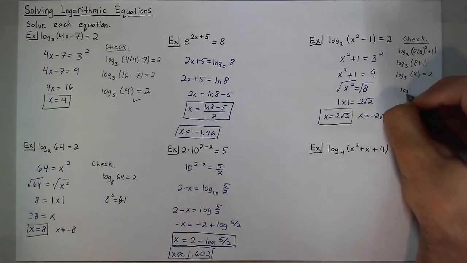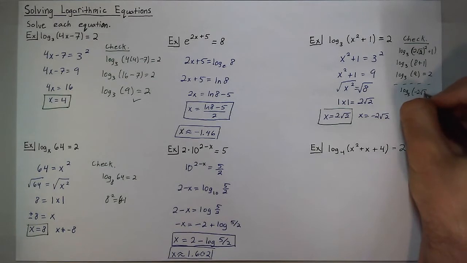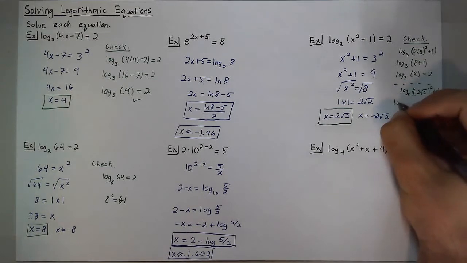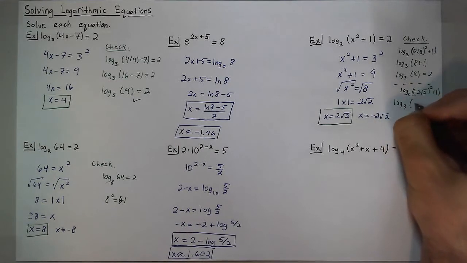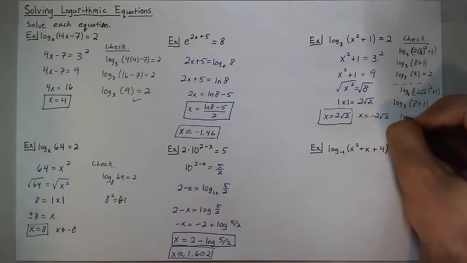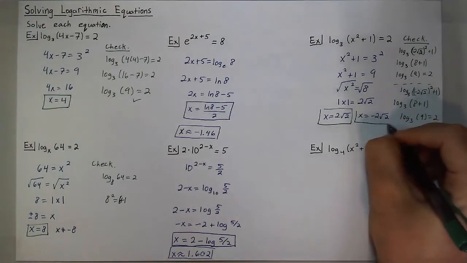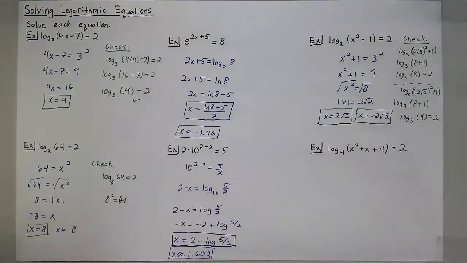Plug in the other number. I get log base 3 of negative 2 square roots of 2 squared plus 1. This gives me log base 3 of, again, positive 8 plus 1. So log base 3 of 9 is indeed equal to 2, so they both work as solutions. In this case, we had 2 solutions.